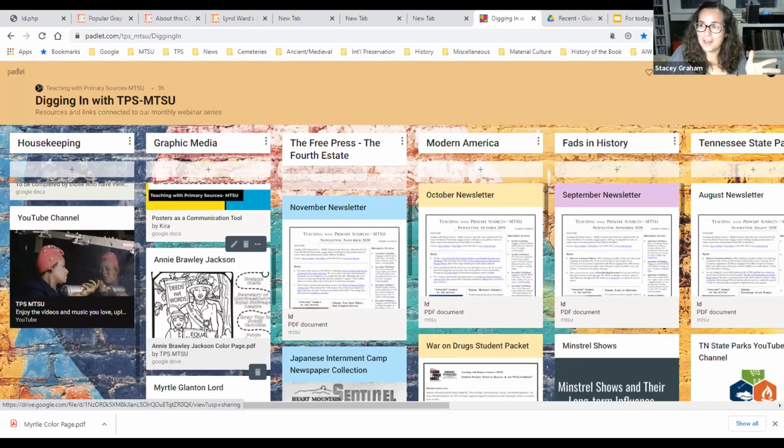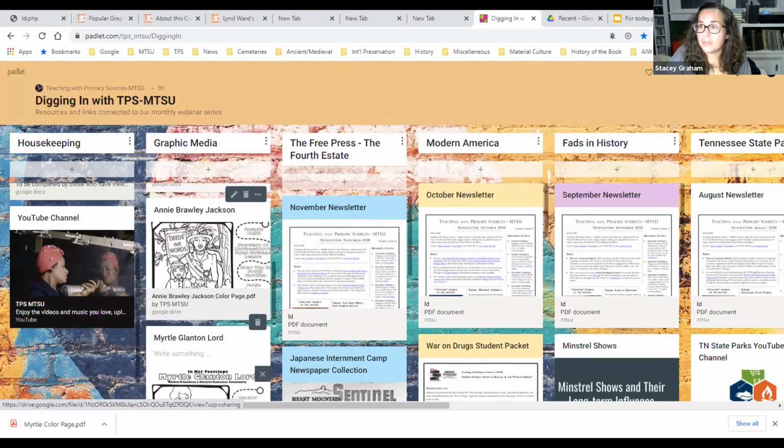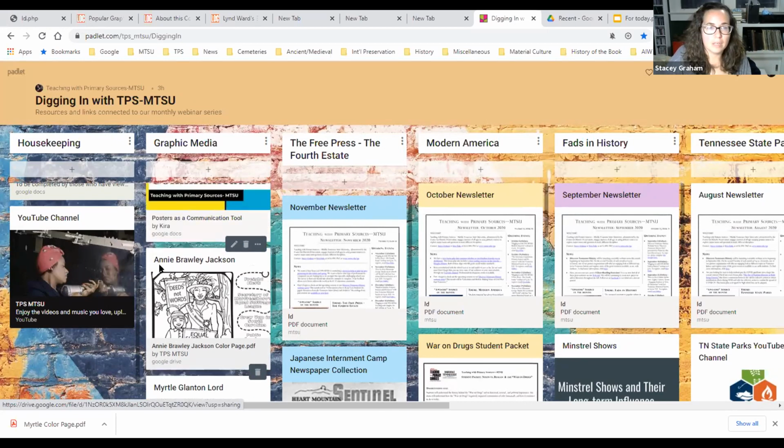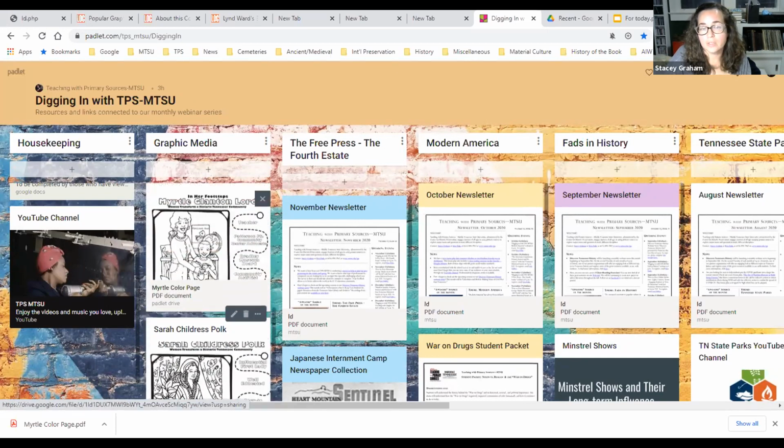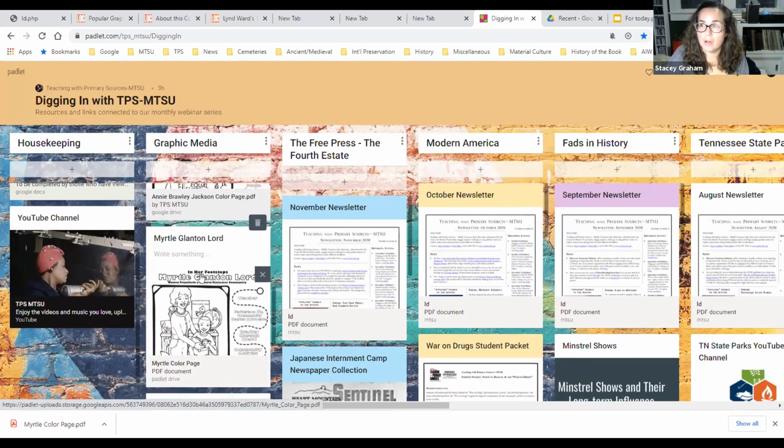These are examples of graphic media on different famous, well-known women of Rutherford County, which of course is where we are here in Murfreesboro. They highlight 3 famous women: Annie Brawley Jackson, Myrtle Glanton Lord, and Sarah Childress Polk. You can print these out straight off our Padlet.